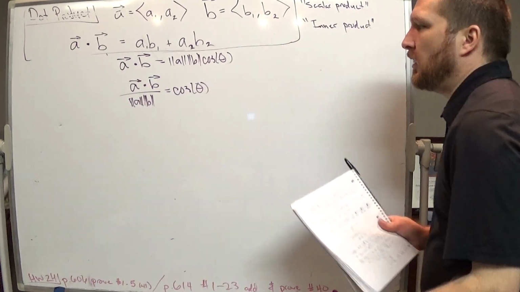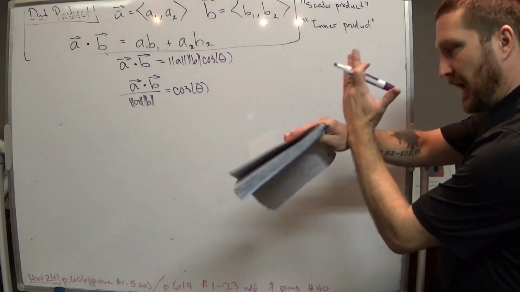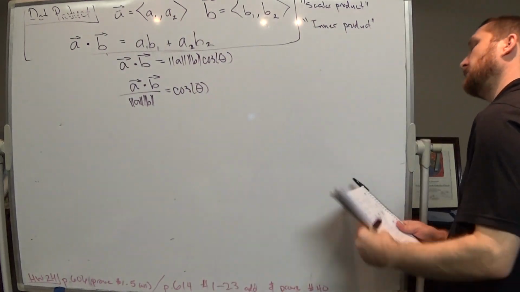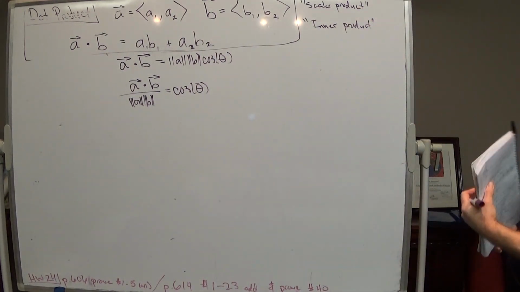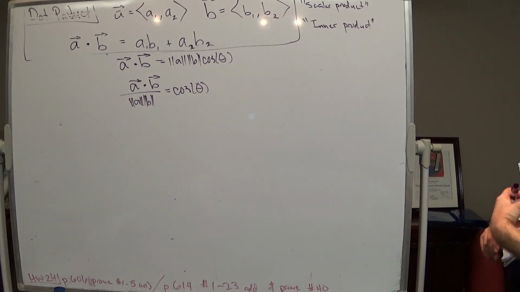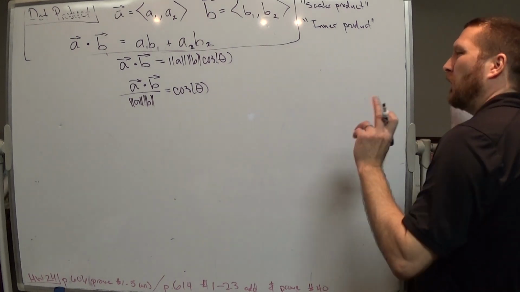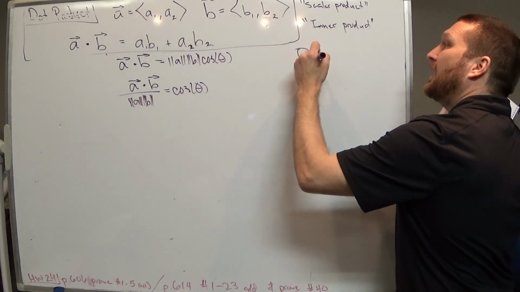Now, we've already shown that if they're orthogonal, then the angle between them is pi over 2, making this side 0. What happens if they're parallel? It would equal 1. What would equal 1? Cosine theta would equal 1.